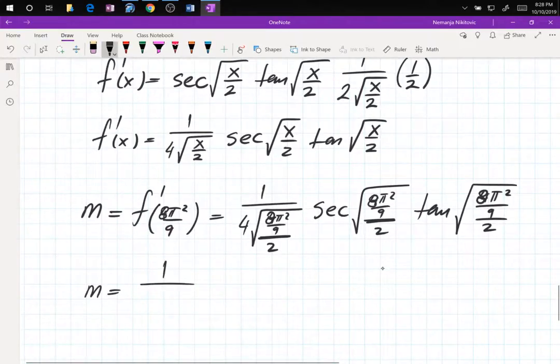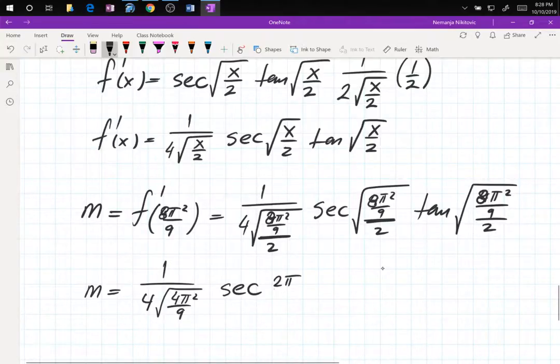I have 1 over 4. The 2 and 8 will cancel to the square root of 4 pi squared over 9. That's easy now. Times secant. What does the 4 pi squared over 9 cancel into? 2 pi over 3, right?